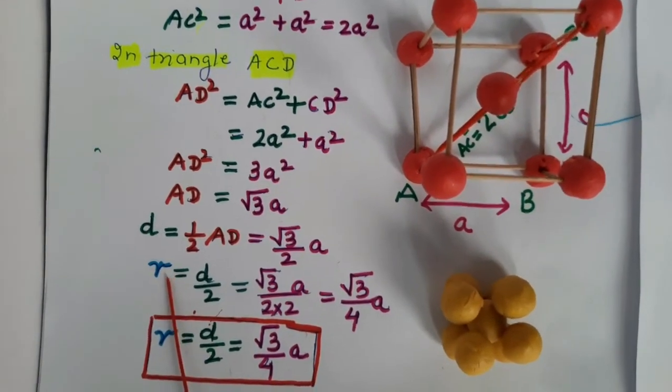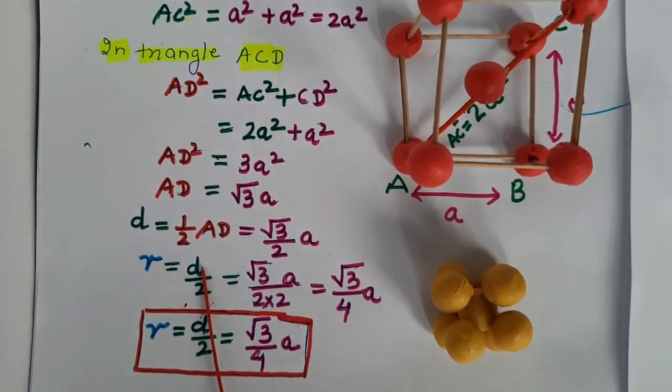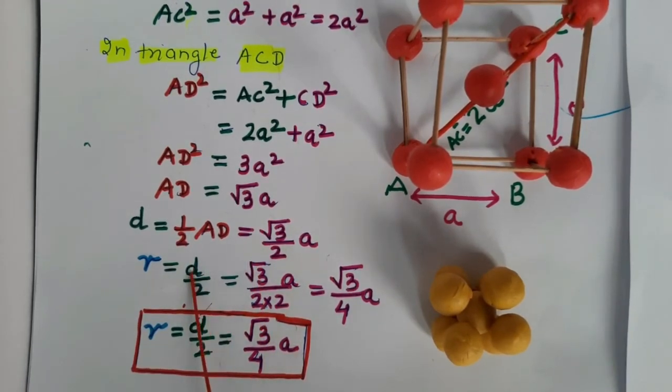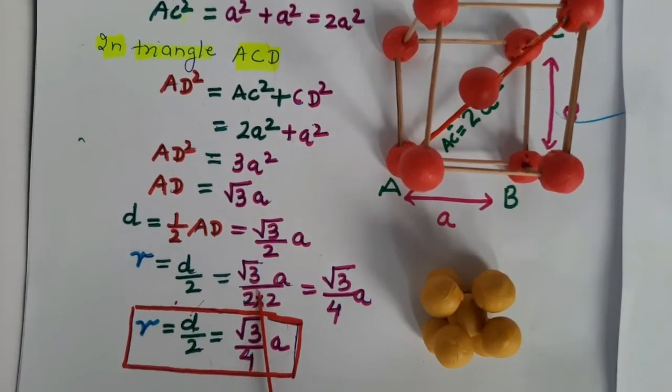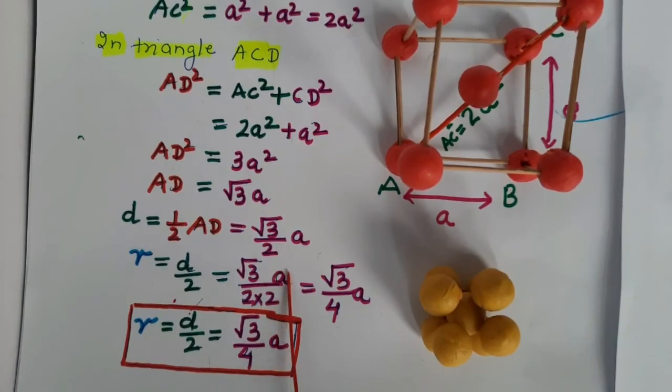We know that the radius of the sphere will be equal to half of the distance between the nearest neighbor. Substituting the value of d from here, we get radius of the sphere will be equal to root 3 a upon 4, 2 multiplied by 2, that is nothing but 4.